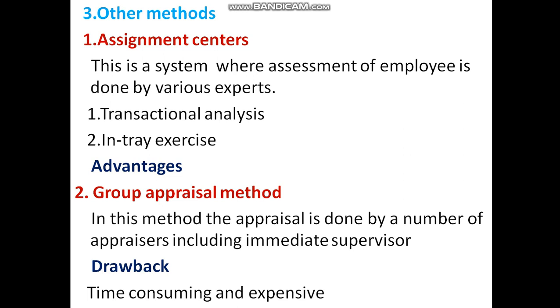In this method, the appraisal, meaning the evaluation, is done by a number of appraisers, including the immediate supervisor, who evaluate the employee. That is the group appraisal method.